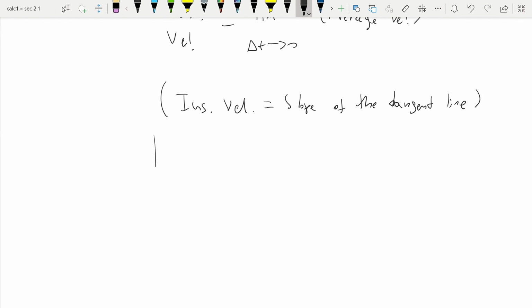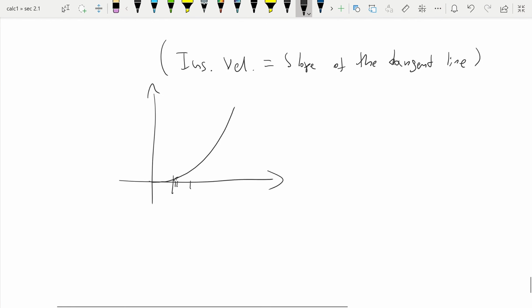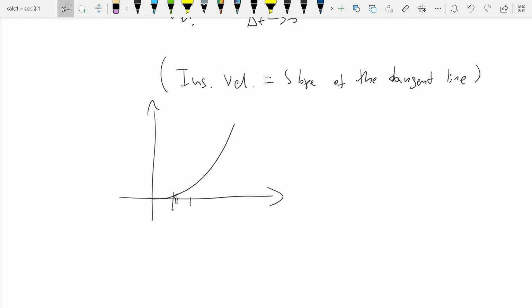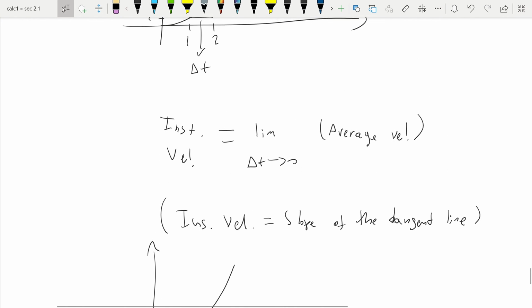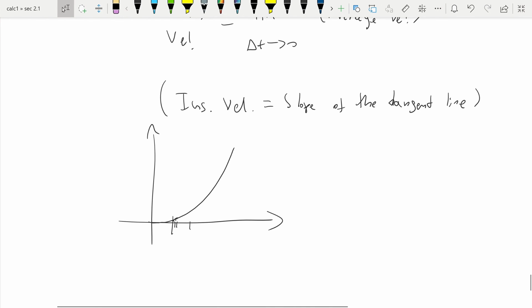And in order to compute this instantaneous velocity, we would actually need to take ever smaller intervals, and compute this ratio of the average velocity.